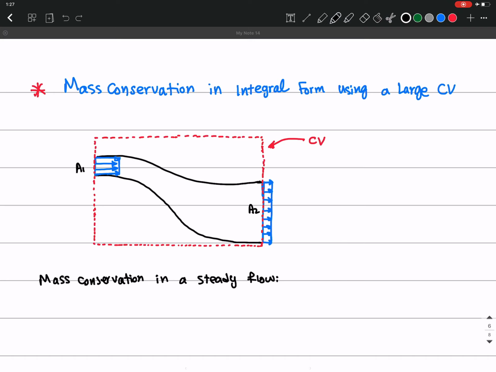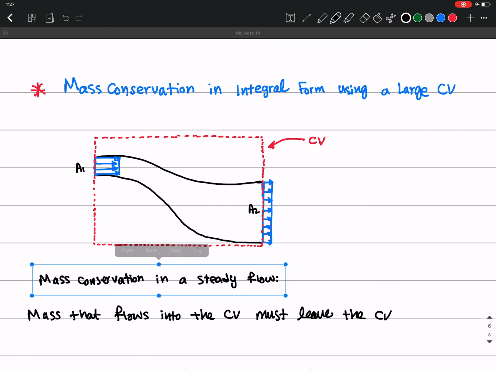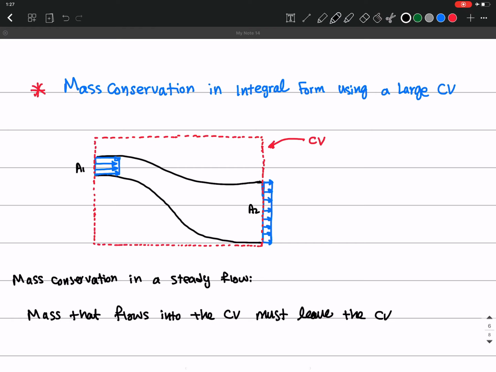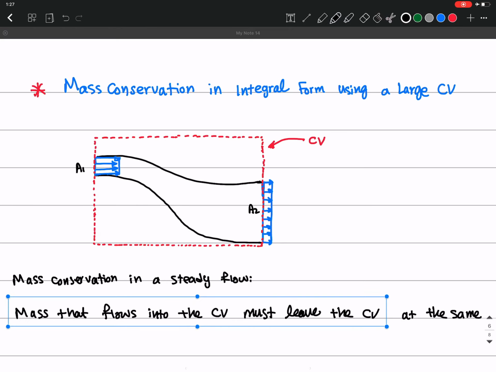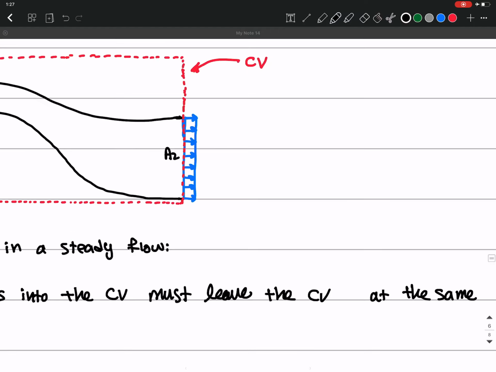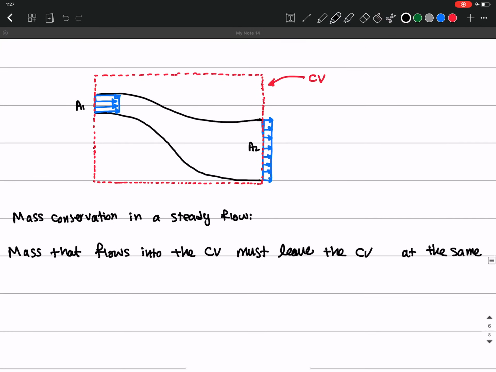The mass conservation principle in a steady flow states that mass that flows into the CV must leave the CV at the same rate.